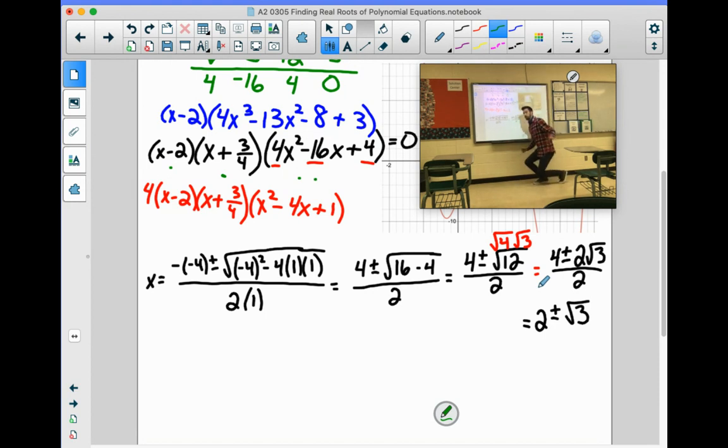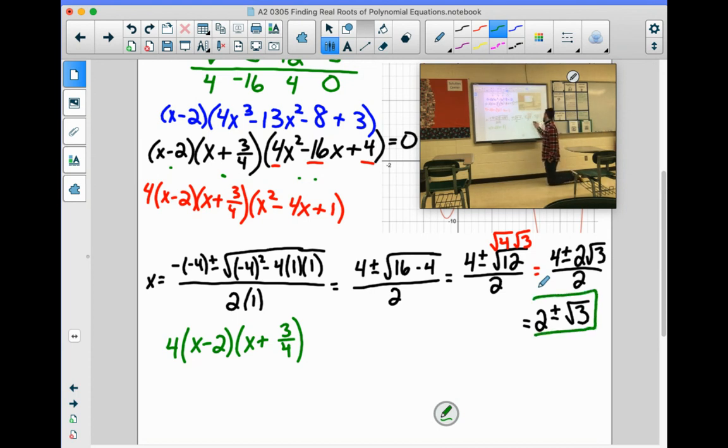So after all of that wildness, let's write it in final factored form. We have the 4, we have the x minus 2, we have the x plus 3/4, and then remember, these are our 2 zeros. So we would say x minus, and we could set that up as 2 plus root 3.